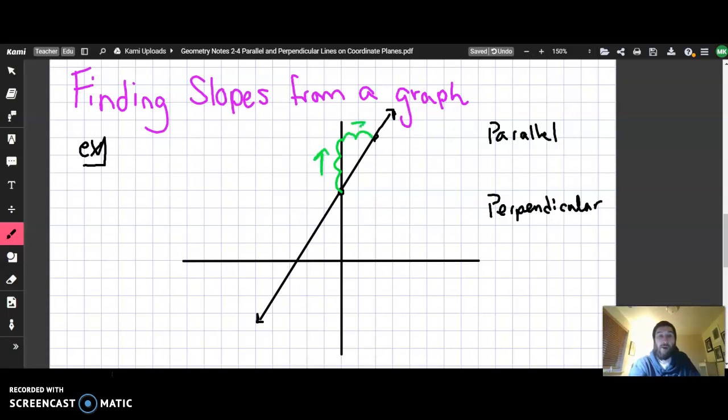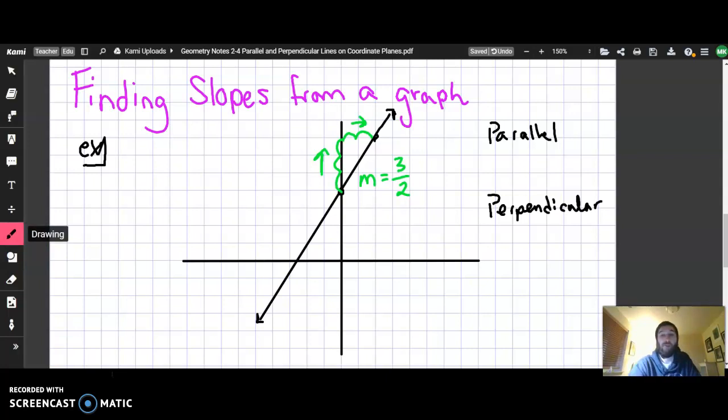Up is positive, to the right is positive. So our slope in this line, our value of m, is 3/2. Again, I don't really care about the y-intercept because it's not going to impact what's parallel or what's perpendicular. Our parallel line then is going to be just the same.